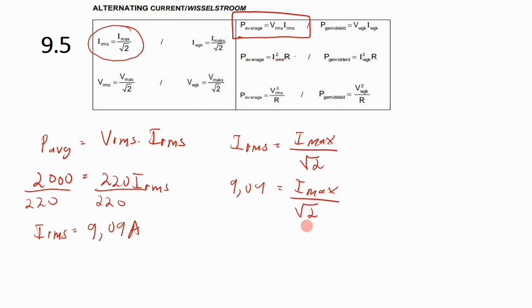At this point, you know what to do. You just cross multiply this, and then your I max is going to be equal to 12.86 amperes, right? So awesome, that's your answer, and that's your easy peasy 5 marks.